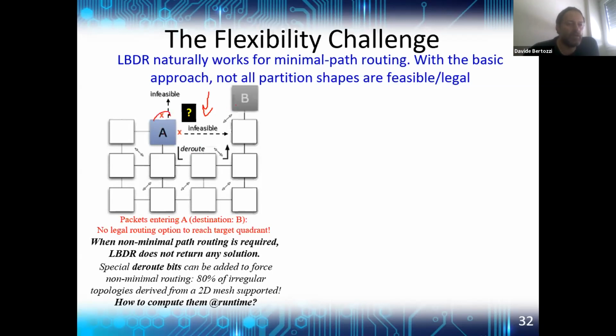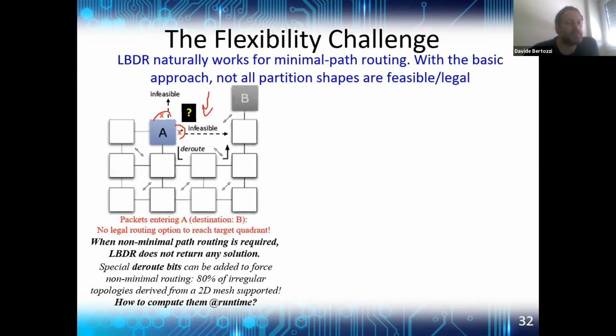But to the north, the connectivity bit is 0, and to the east, the connectivity bit is 0. Therefore, the routing logic simply bails out. It doesn't know how to reach a destination. Okay, it's because the routing logic has only 12 configuration bits, right? If you have a higher number of configuration bits, that is a routing table, then it's possible to find the routing path to every possible destination in arbitrary partition shapes.